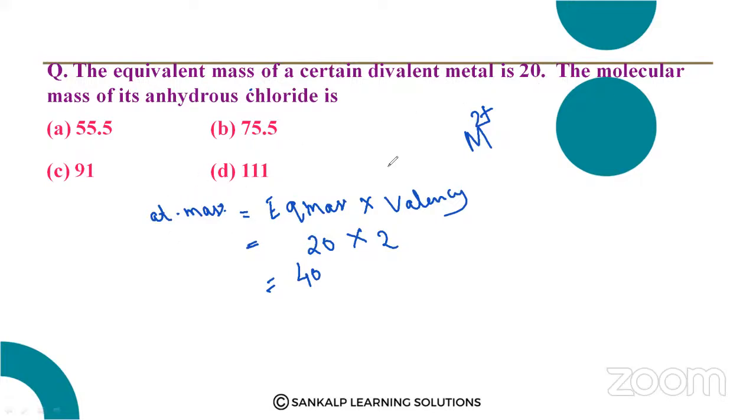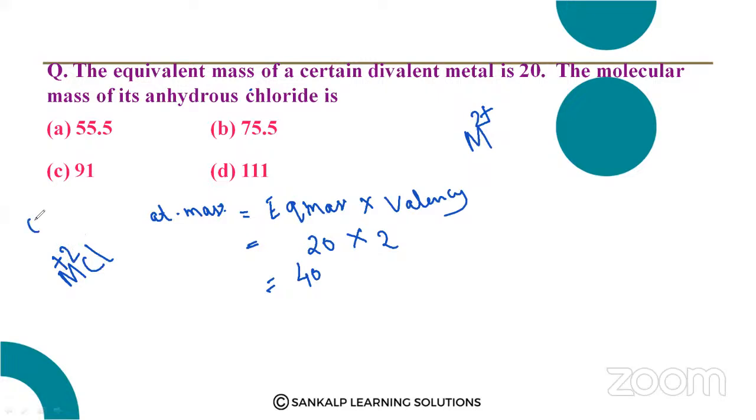Now what is our next step? We have to find out the molecular mass of its anhydrous chloride. When the metal combines with chloride, what will be the formula? Metal is in the +2 state.